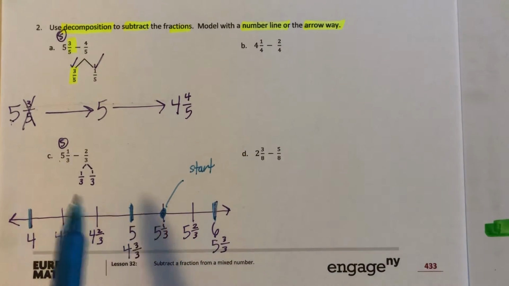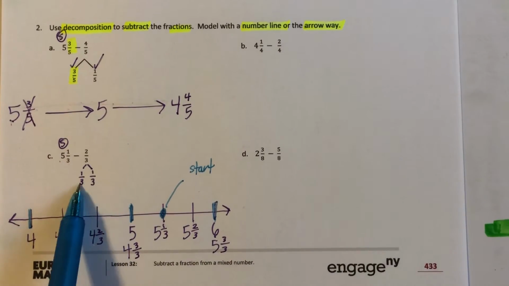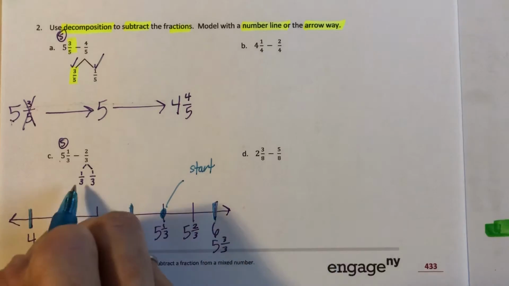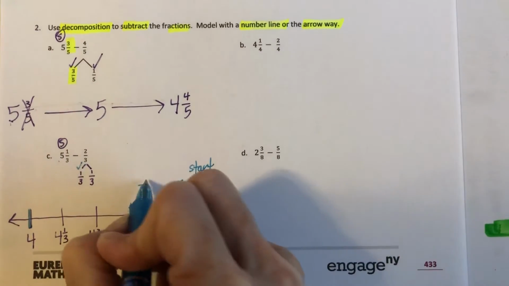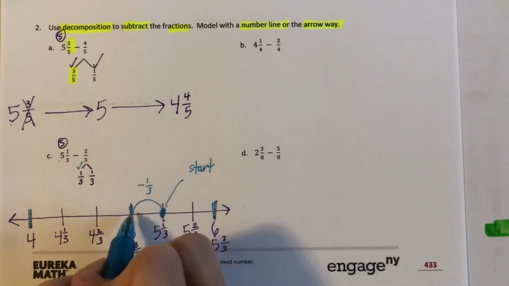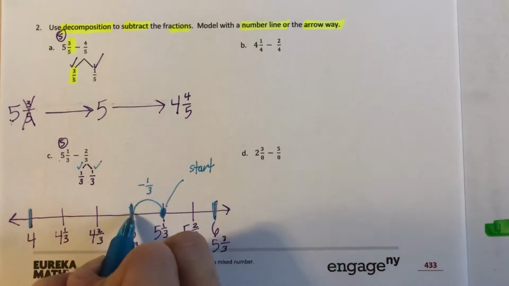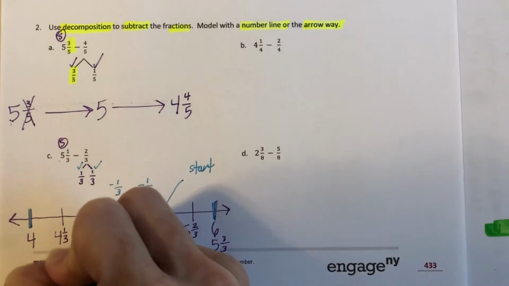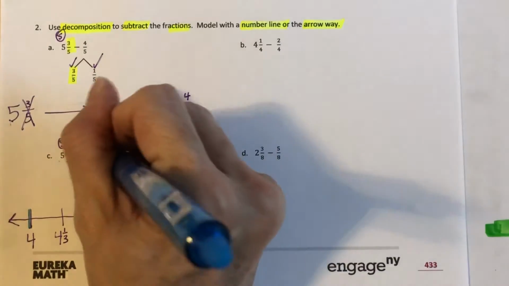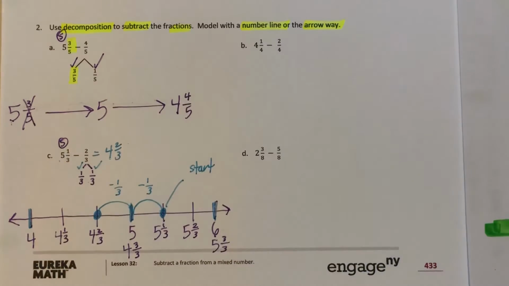5 and 1/3, and now let's simply start subtracting based on your decomposition. I'm going to subtract my first third right there, and I'm going to model it. I need to subtract my second third, and I need to model that, and that lands me at 4 and 2/3.